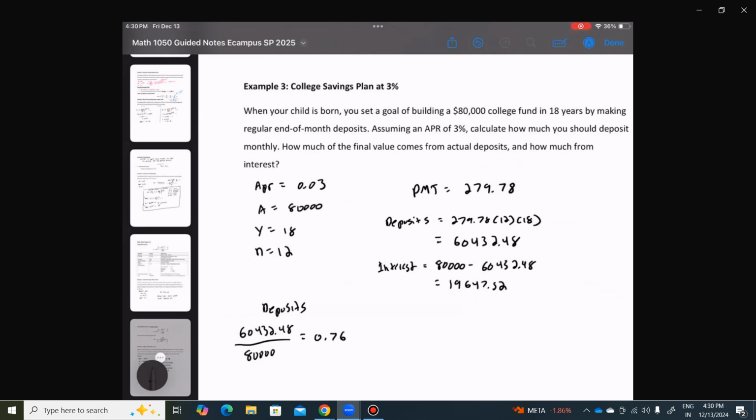I'm rounding it to 2 digits, so about 76% is deposited. And with the interest, we can do the math, or you can subtract this from 100. It's going to be 0.24, or 24%.